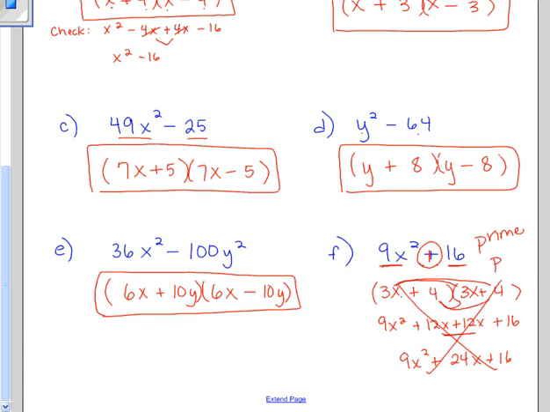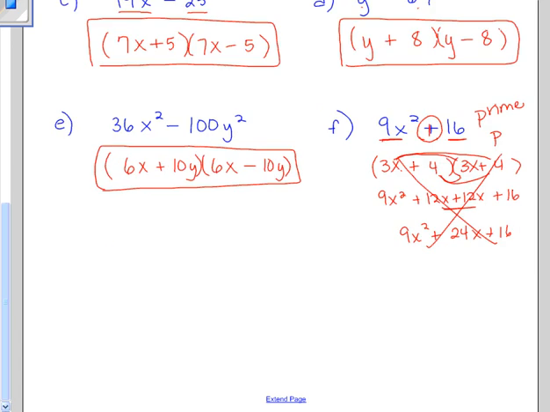Okay, one more problem that I want to show you from these would be if I have, let's say, 10x squared minus 40. Well, 10 and 40 are not perfect squares, but let me remind you about that first step that we've been talking about, GCF. There is a greatest common factor. 10 will go into both of these.